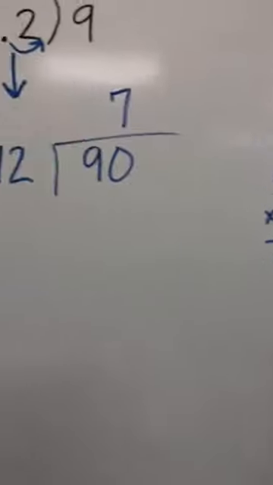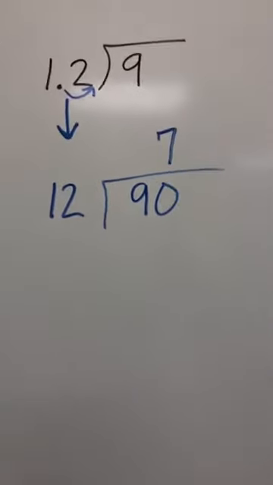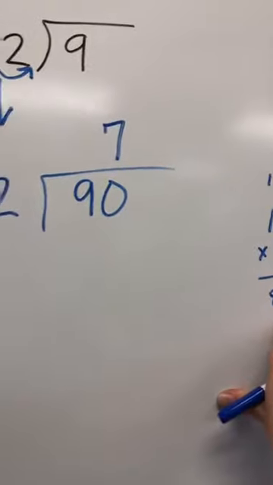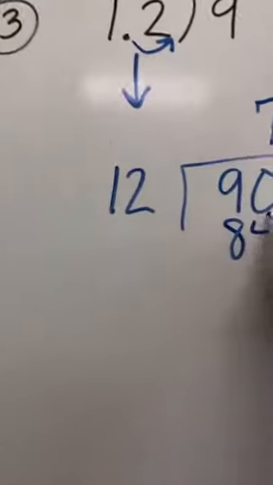Students will not always be proficient with all of their division facts, and you're going to have to do something like guess and check. In this case, it does go in 7 times, and we get 84.